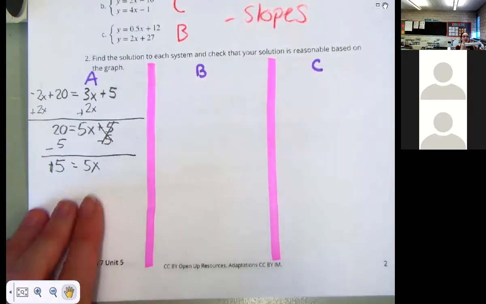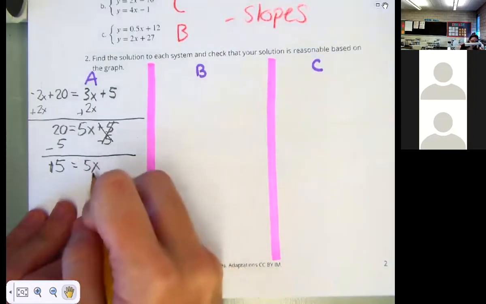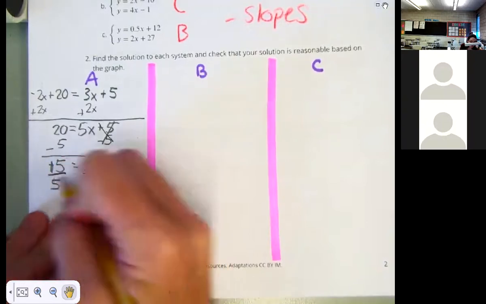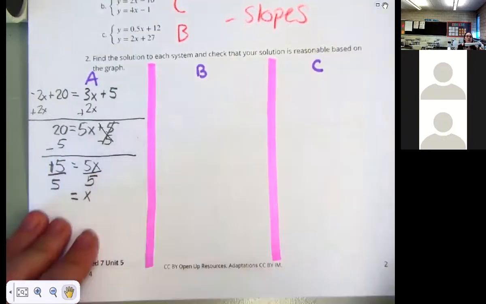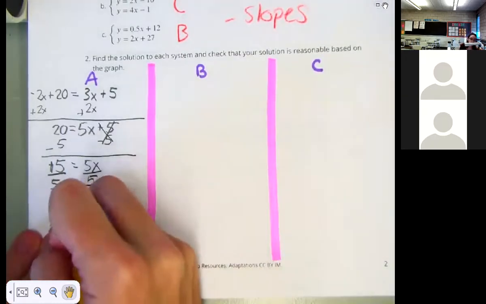Divide, very good. Divide by 5 on both sides. Fantastic. So my x is going to be equal to what number? Very good, Kyle. Very good, Gwen. Very good, Abby. Awesome job, Junior and Ian. It's going to be equal to 3.